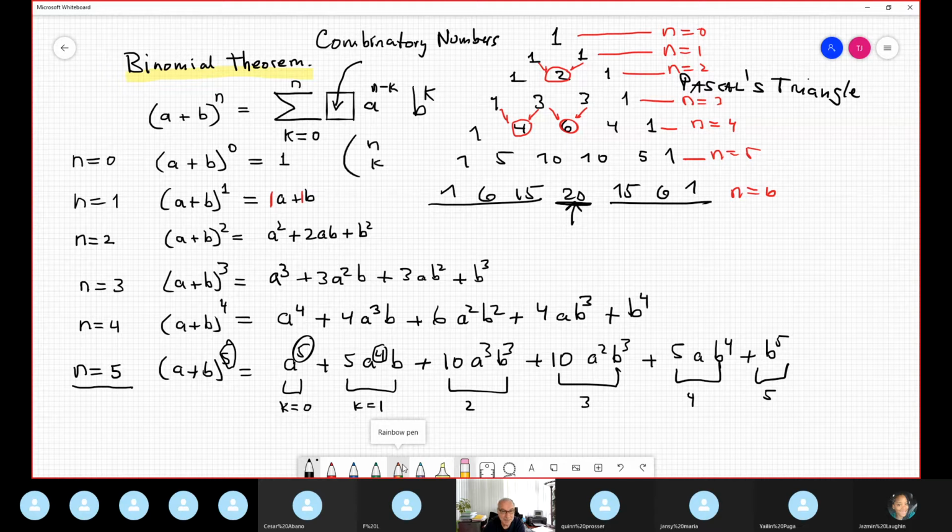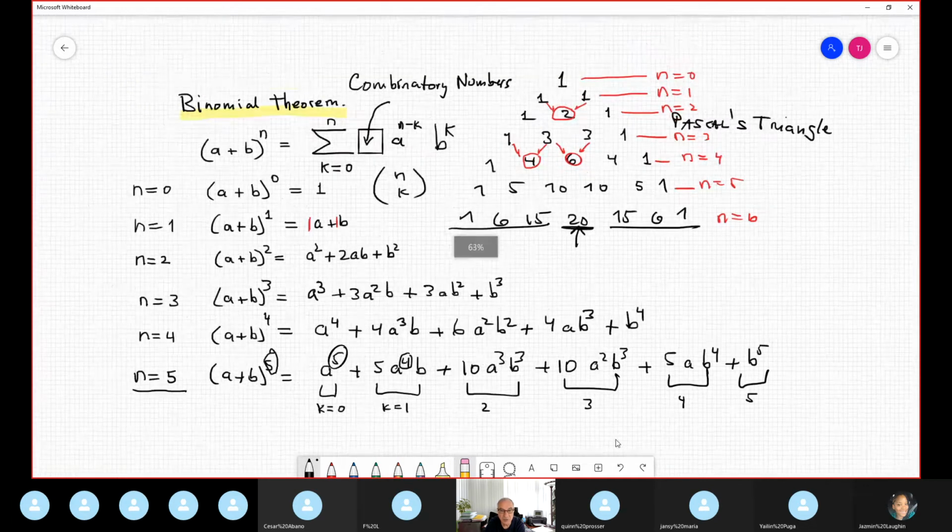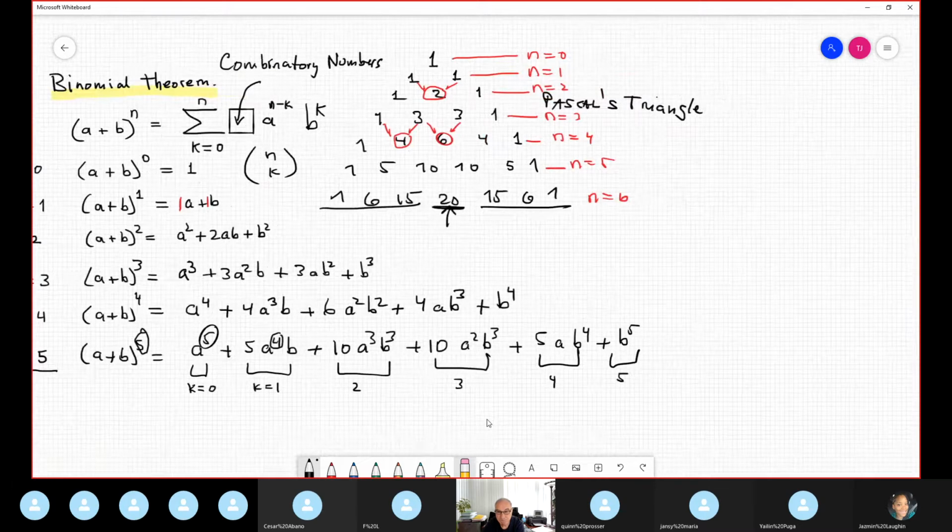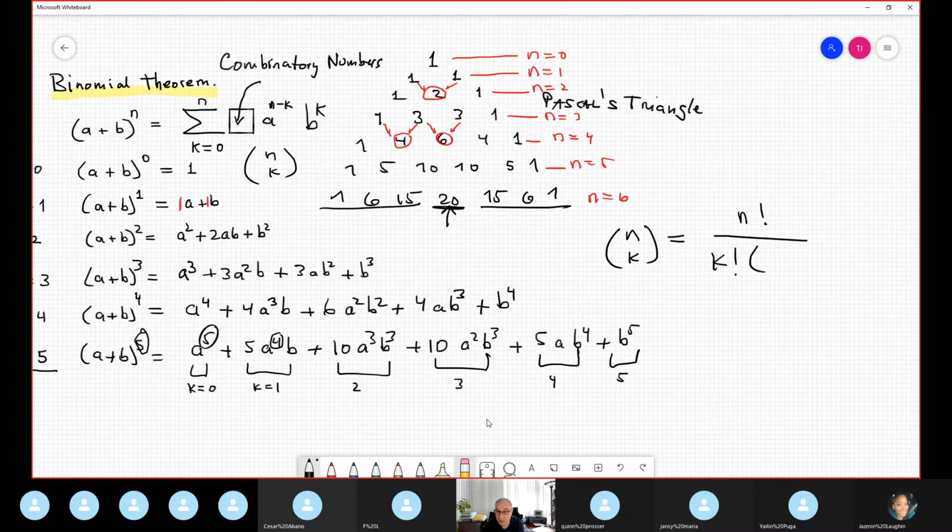Parenthesis n k. So what is the formula for the combinatory number? Well, the formula for the combinatory number n k is equal to n factorial divided by k factorial multiplied by n minus k factorial.